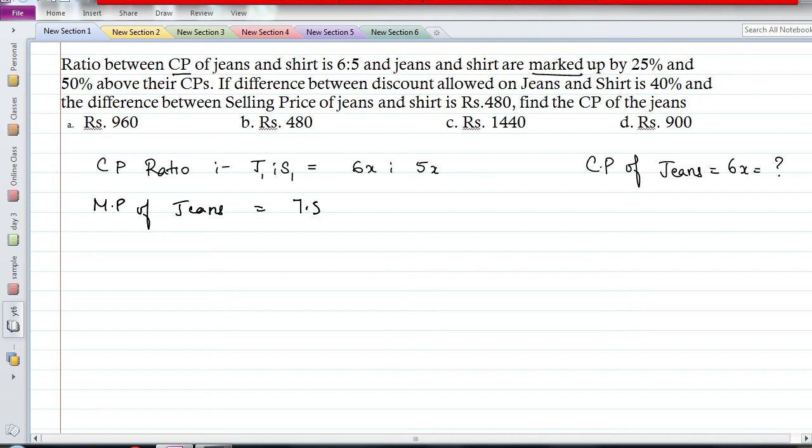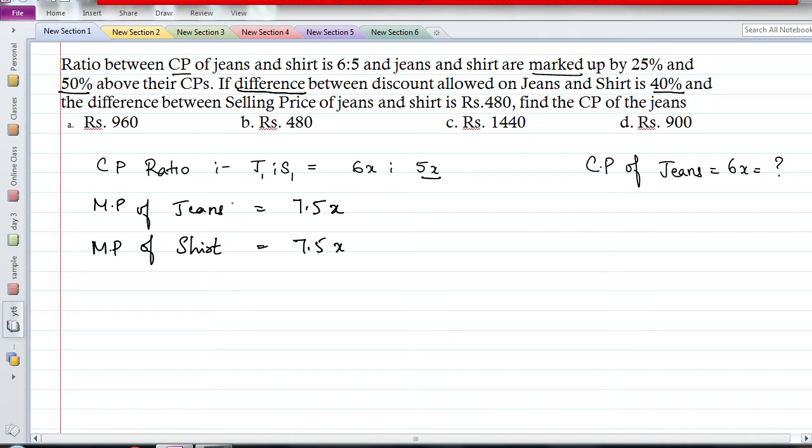Now market price of shirt. It is 50% above the cost price. Cost price of shirt is 5x rupees. 50% is 2.5x. That is added to the cost price. So that is 7.5x. So what is the thing that you need to note here is market price of both the items are same. Okay, market price, that is MRP listed on the products, are same.